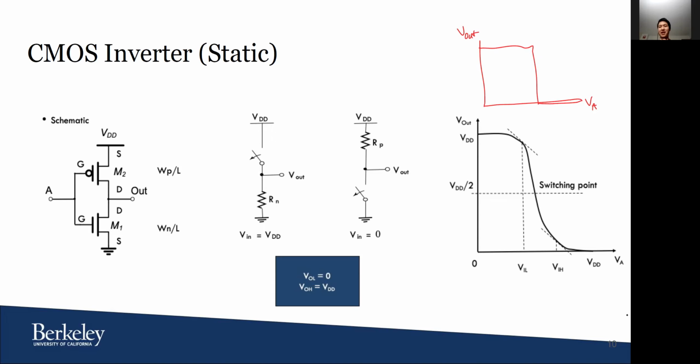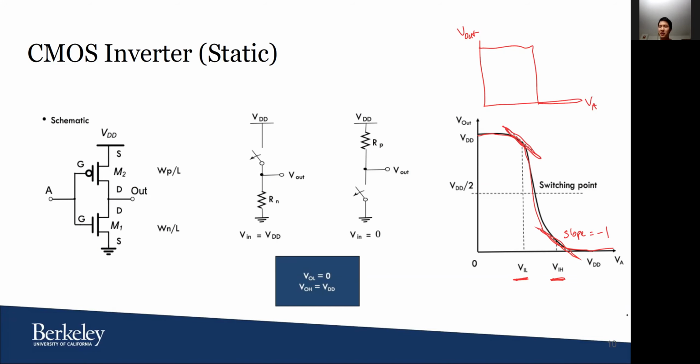But that can't happen, because the resistances are finite. So the actual voltage transfer curve looks like this, where there's a continuous transition, and the switching points are determined by the voltages V input low and V input high. In a continuous curve like this, they are defined where the slope of the curve is equal to -1, here and here.